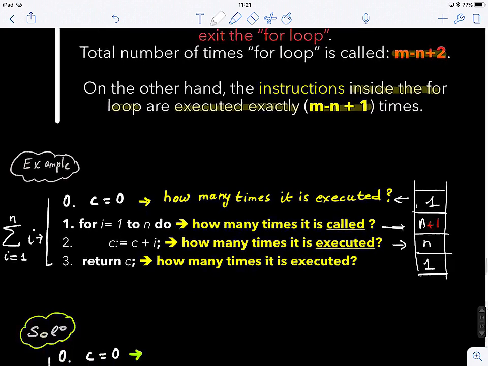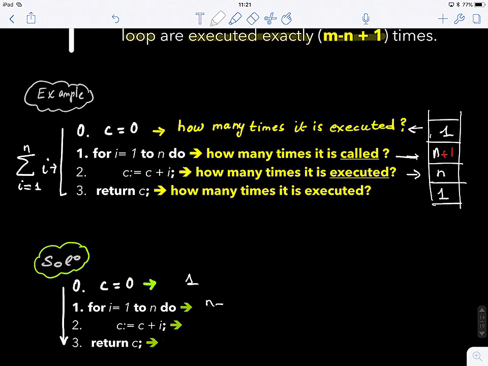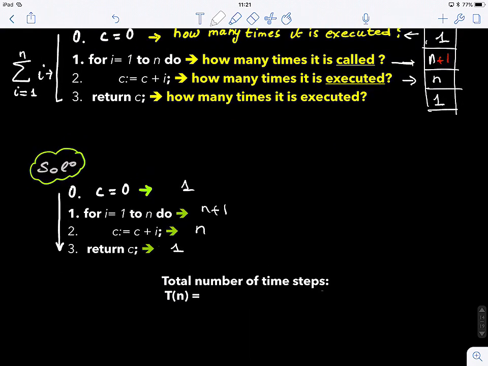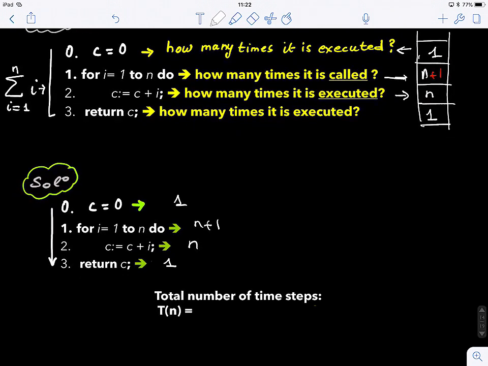So here, if we add up all the steps, it's 1, n plus 1, n, 1. So the total number of steps, if we add them all up, will be 2n plus 3, right? 2n plus 3.